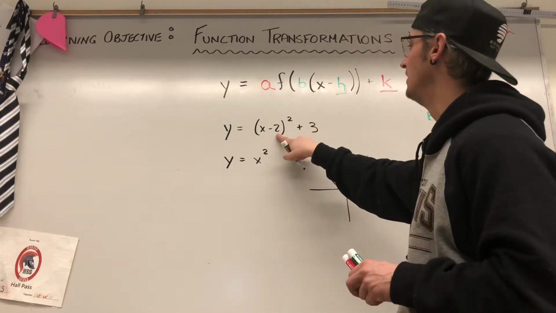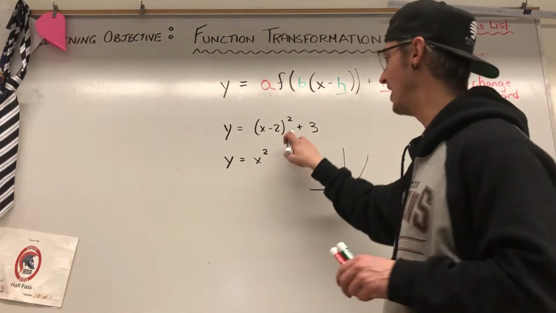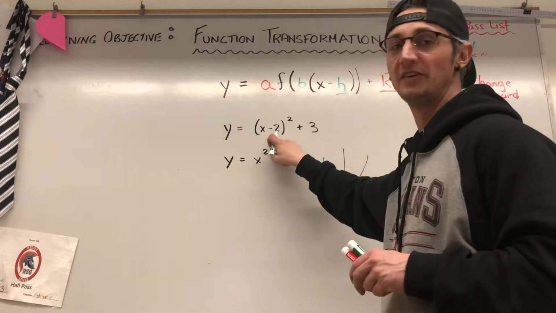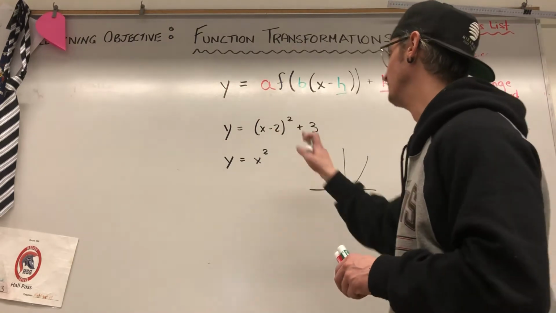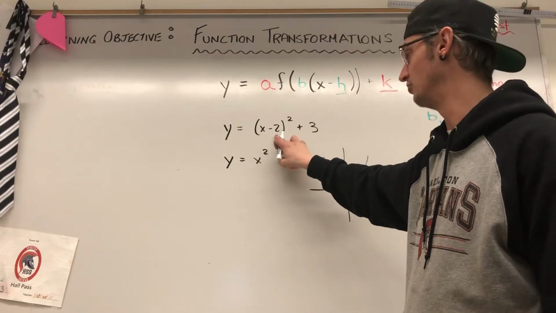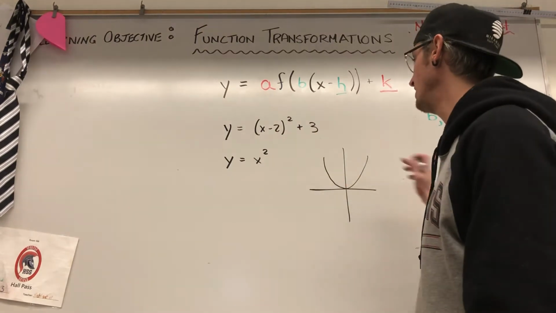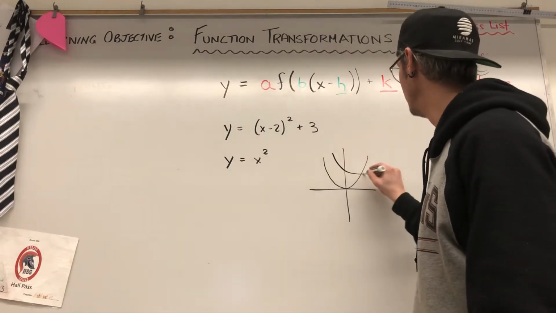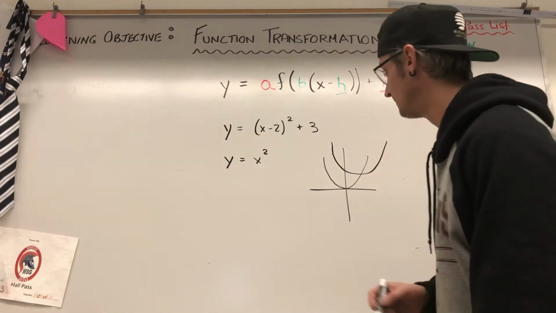And then if I was going to go to the left, I would have an x plus 2, because that would represent minus negative 2. But you just have to know that it's opposite whatever sign you see there. So 2 is negative here, so we're going to move it to the right, and then we're going to move it up 3. So we'll actually get a function that looks like this at the end.